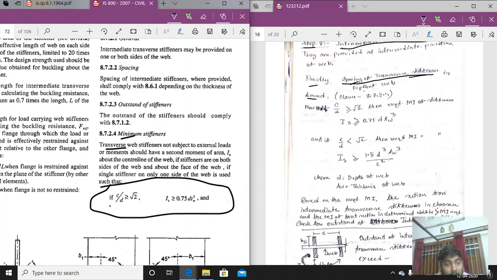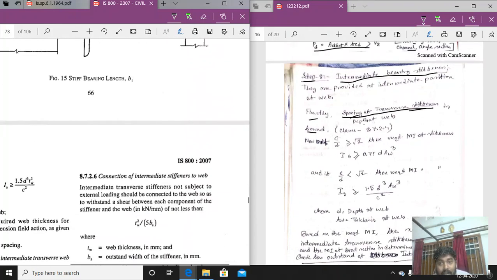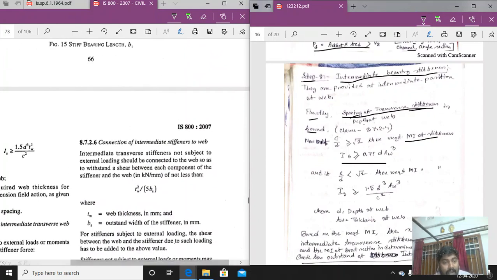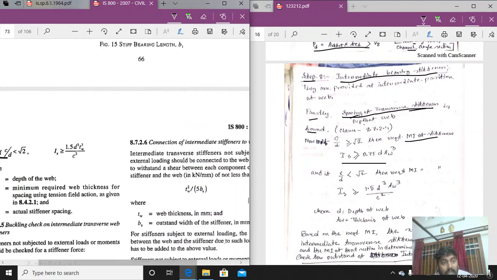If C by D ratio, that is the spacing by the wave depth, is greater than or equal to √2, then the required moment of inertia of the stiffener should be greater than that value. And if C by D is less than √2, then the moment of inertia should be greater than that value.